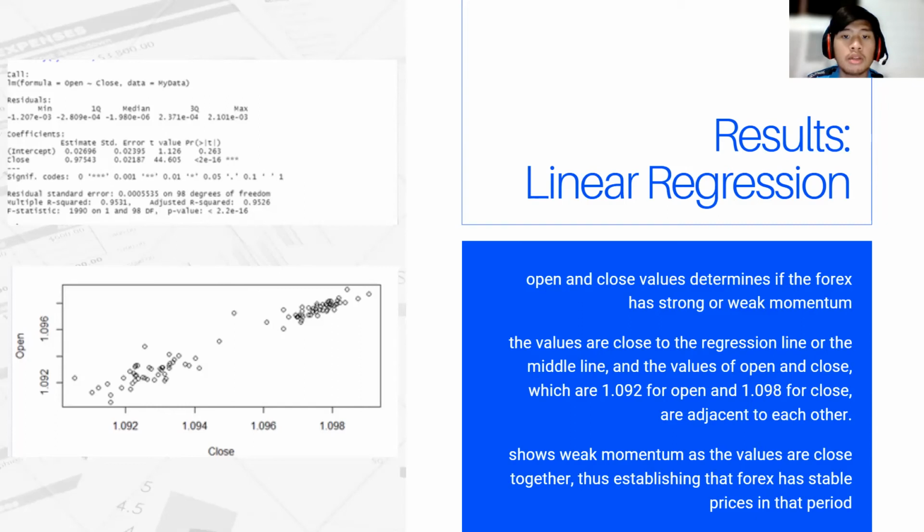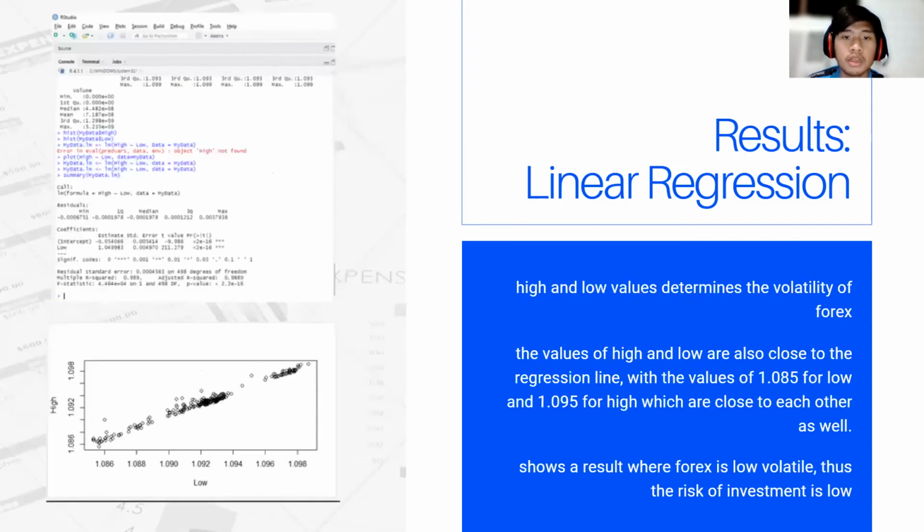Using the high and low values, it determines the volatility of Forex. Volatility determines the speed of change in price. With that, it determines the risk of trade. The higher the volatility, the riskier the trading is.